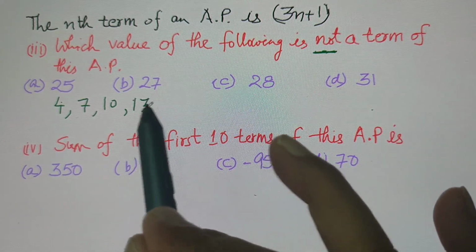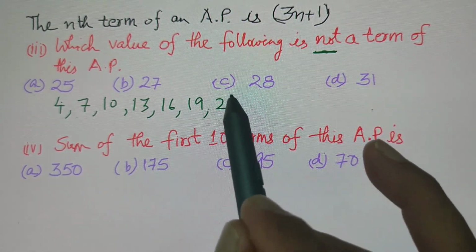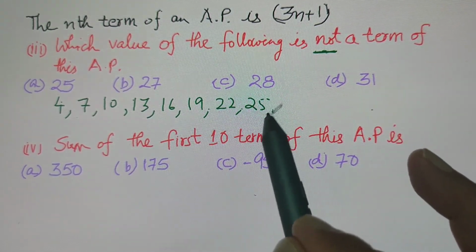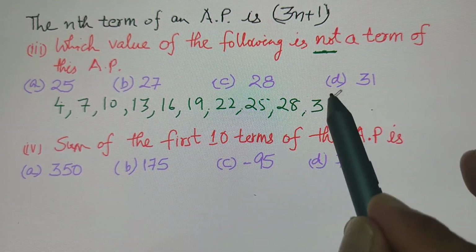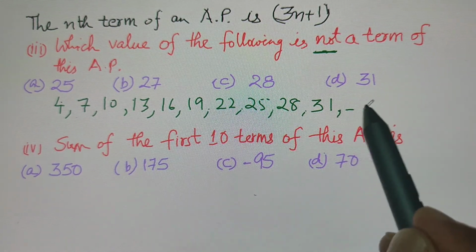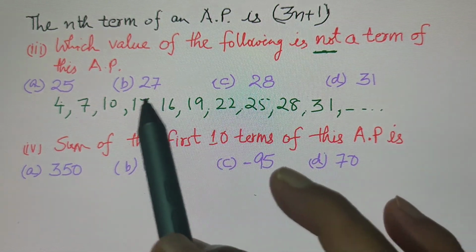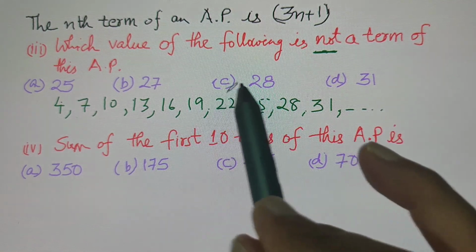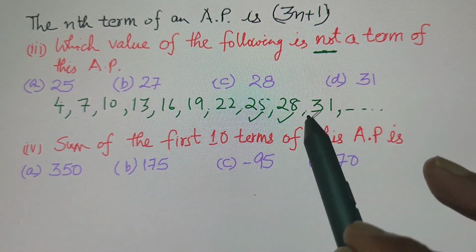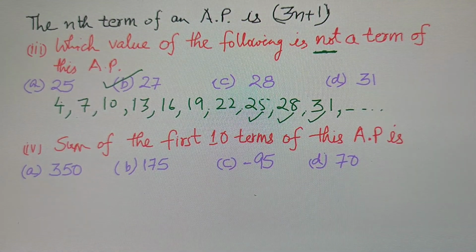It is going to be 13, then 16, then 16 plus 3 is 19, 22, 25, 25 plus 3 is 28, then we're going to get 31 and so on. Now we can clearly find out which is the term which is not coming in the AP. Option A is 25, option C is 28, and option D is 31. Clearly we can find that option B, 27, is not a term of the AP.